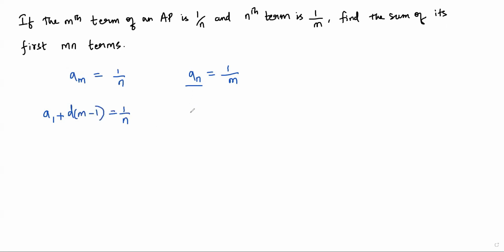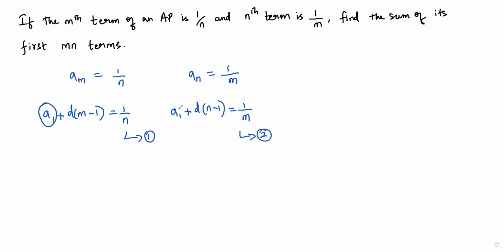The same thing I can do for an: a1 plus d times (n minus 1) equals 1 over m. Here I need to solve these two equations for the two unknowns, a1 the first term and d the common difference. I assume this is equation number 1 and this is equation number 2.